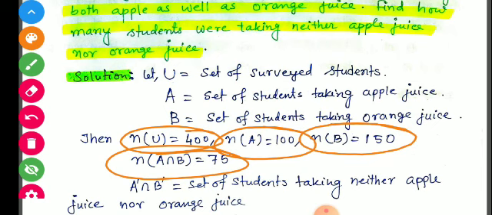Now we have to find neither orange nor apple. So A complement intersection B complement is the set of neither apple juice nor orange juice.